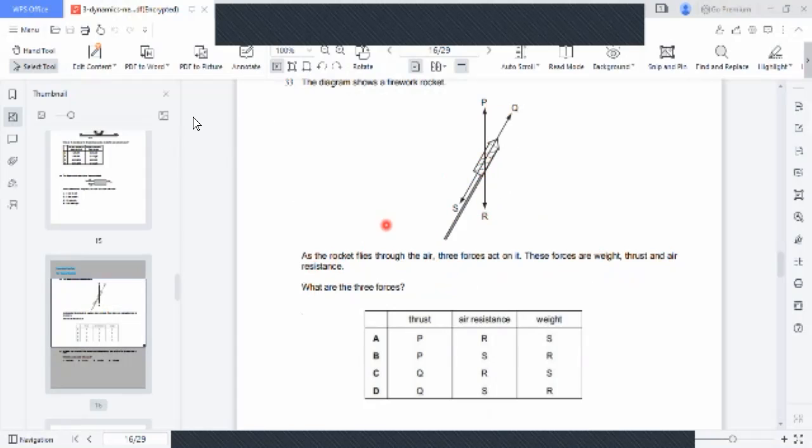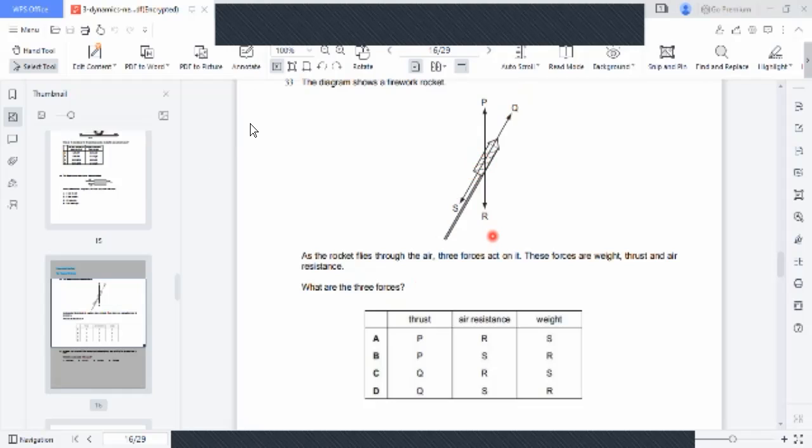Like this is thrust, this is weight, this is air resistance. What are these three forces?